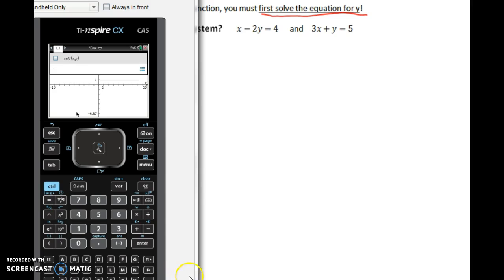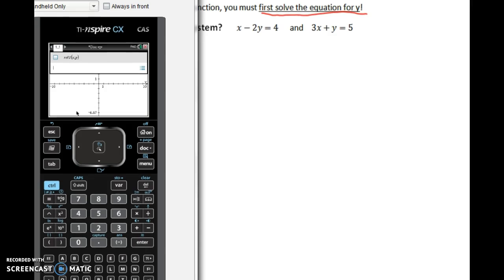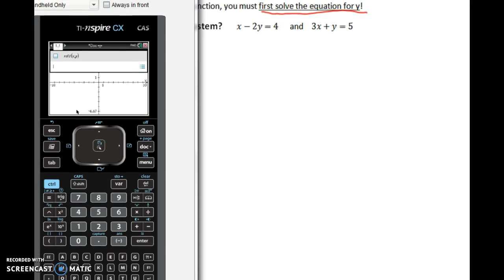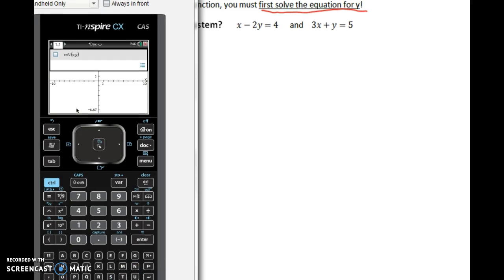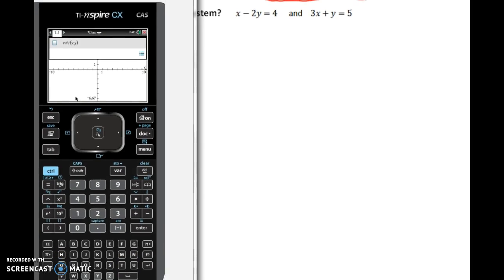So you can enter, let's see, x. I'm going to move this down so I can see it better. x minus 2y equals 4.